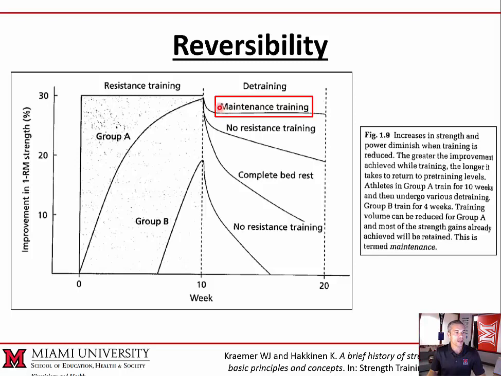What we see is that inclusion of this maintenance training program greatly minimized losses in muscular strength during this detraining period. So again, highlighting the importance of including a maintenance training program or period in the athlete's overall or annual training program.